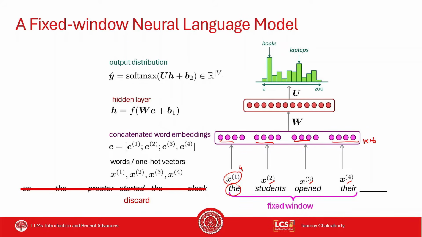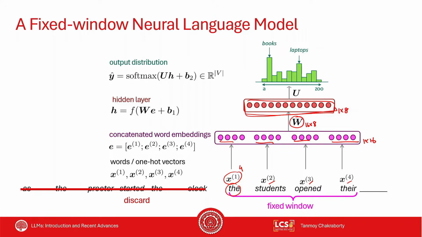On top of this, I apply the kernel or filter W, which is a matrix. Let's say the size of this matrix is 16 cross 8, for example. When you multiply this, it will produce a vector of size 1 cross 8. You just look at the dimensions. So it will produce another vector of size 8. Now this is my hidden state.